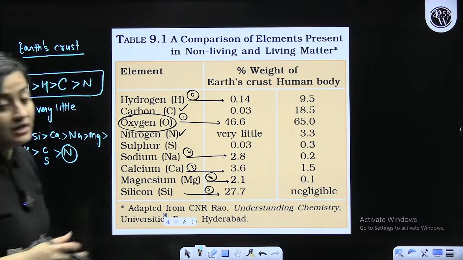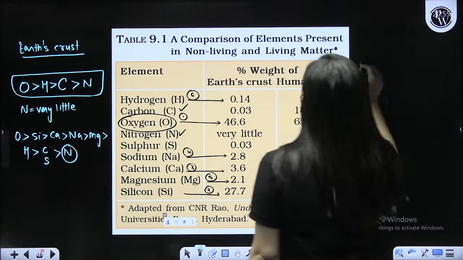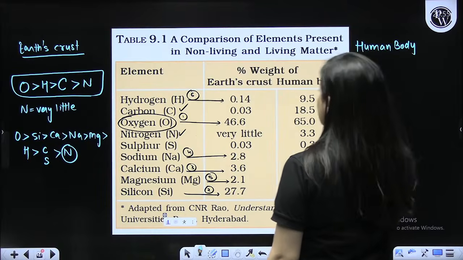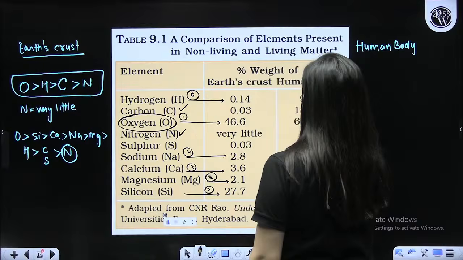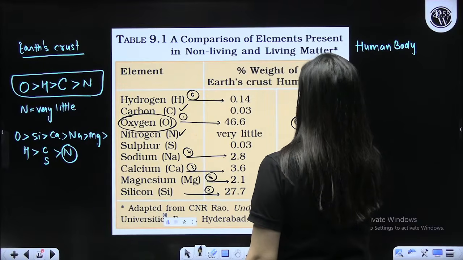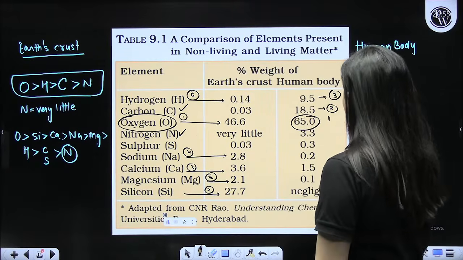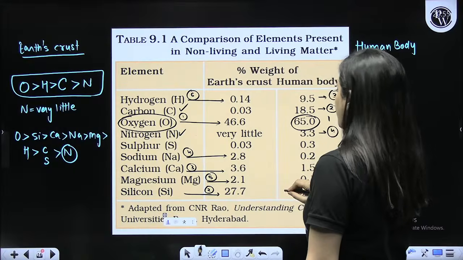That's how you have to decode the complete NCERT. Then you have the human body, that is a living body. In the human body, what do we have at number one? Again here you have oxygen, but after oxygen, second is carbon, third is hydrogen, and fourth is nitrogen.